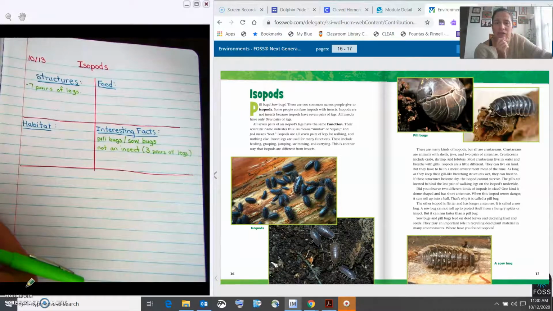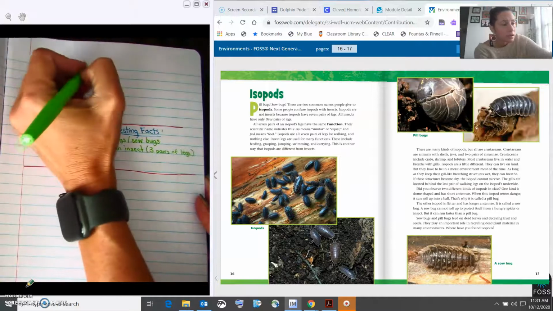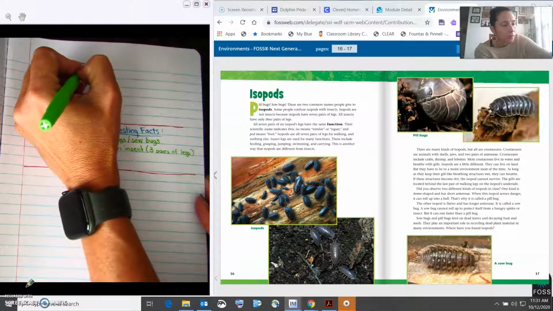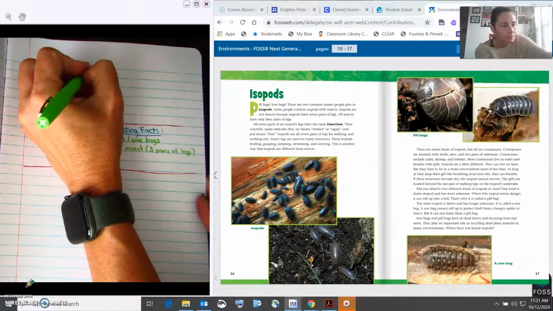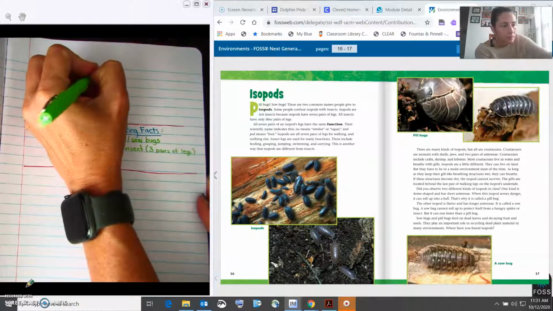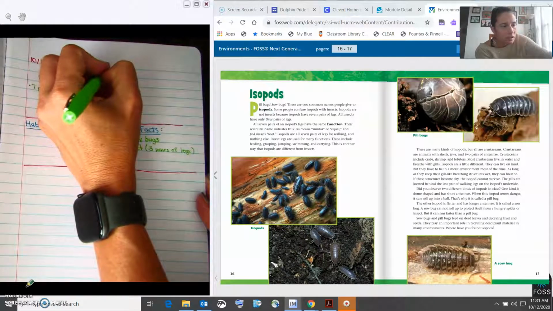All 7 pairs of an isopod's legs have the same function. Their scientific name indicates this. Iso means similar or equal, and pod means foot. Ooh, okay. So up here on the name, it said equal, and then pod is foot.